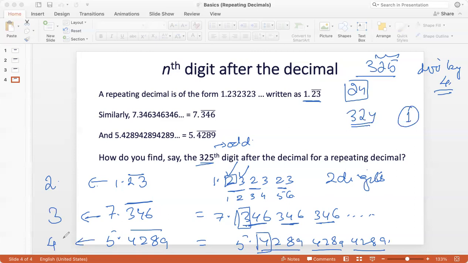For example, as we saw, if it is 5.4289 bar, it would repeat in stacks of 4. So if I check the divisibility of n by 4, I would be able to figure out which digit I reach. So that is what you need to know for repeating decimals.